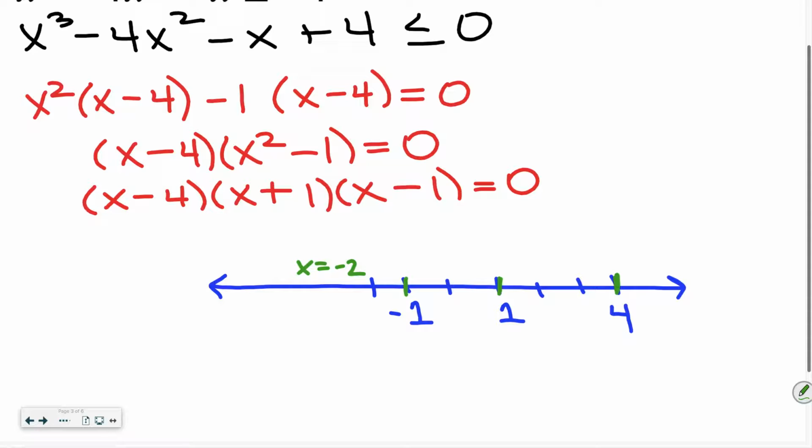I don't really care what the value is, but is it positive or is it negative? Negative 8 minus 16 plus 2 plus 4. That's going to be negative, isn't it? Well, is that less than or equal to 0? It sure is. So this works, which means anything below negative 1 is going to work in our interval.